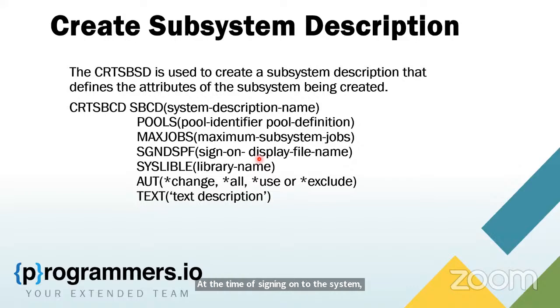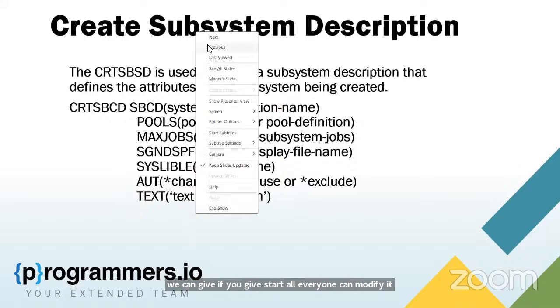All these things can be specified. Initial library list to be used, and who can change or modify the subsystem. If you give *ALL, everyone can modify or change the description of the subsystem, and so on.